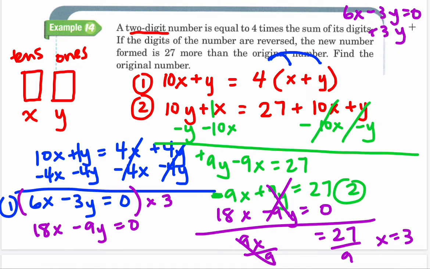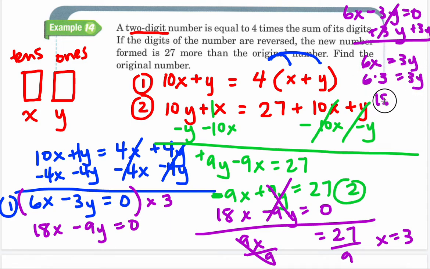Let's add 3y to both sides. So I end up with 6x equals 3y. Well, x equals 3, so 6 times 3 equals 18. So 18 equals 3 times y. What would y have to be? Well, if I divide by 3, y would equal 6. Okay, so I have x equal to 3, y equal to 6. So my number is 36.